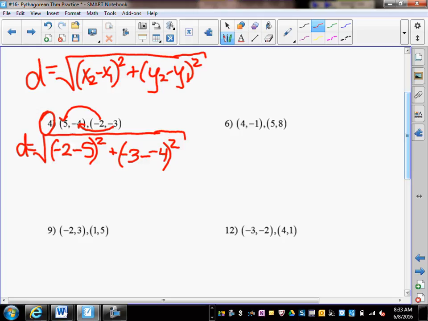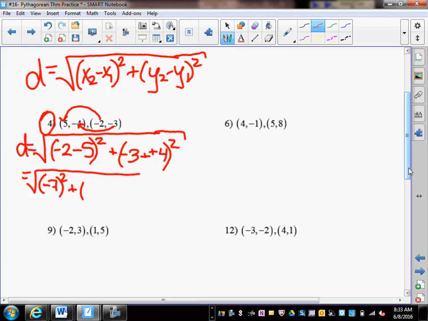Okay. So now we just simplify. You've simplified radicals. Negative 2 minus 5 gives negative 7, which we need to keep in parentheses. And we square it, because negative squared gives us a positive value. Alright, what happens here? Right, a minus and negative becomes plus a positive.